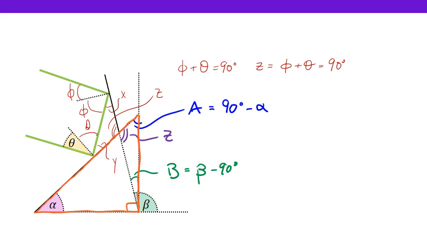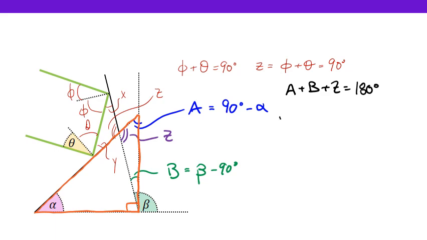A plus B plus Z equals 180 degrees. Okay, so let's write that out. A plus B plus Z equals 180 degrees. That's just a triangle. You know, the rule about angles of triangles. And so now I can plug in my numbers.